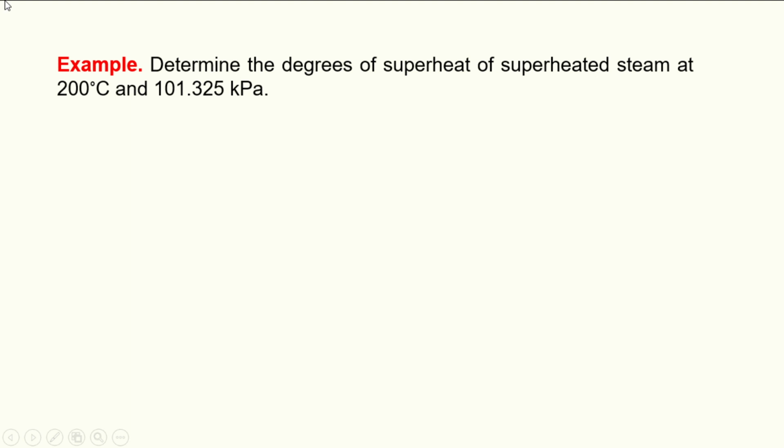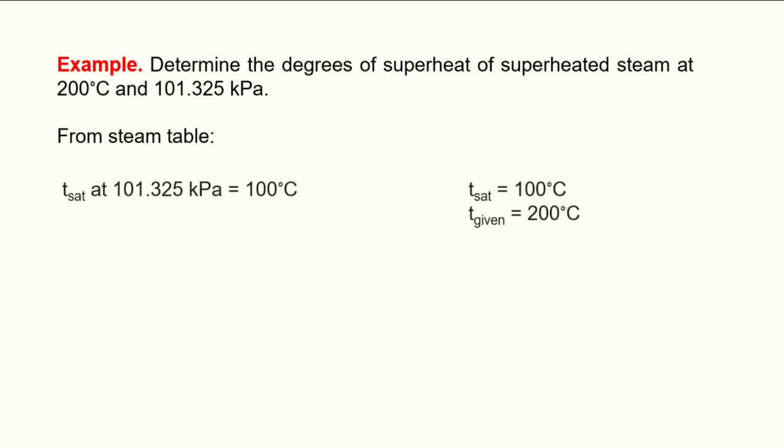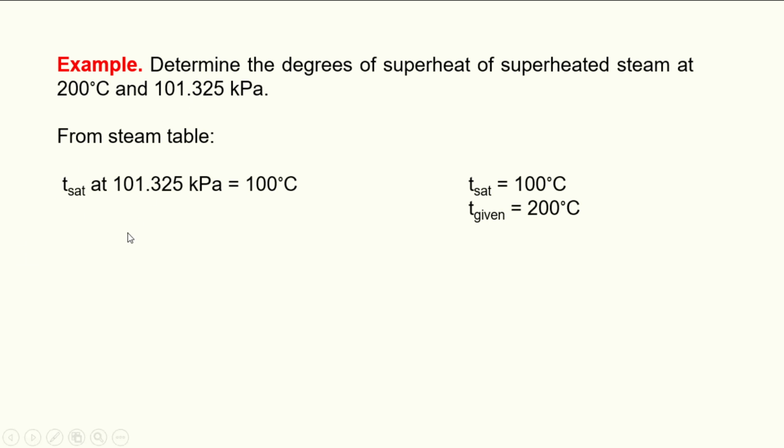Example, determine the degree superheat of superheated steam at 200 degrees Celsius and 101.325 kilopascal. Then, from steam table, alam naman natin na 101.325 kilopascal is equal to 100 degrees Celsius. Pero ang given natin is 200 degrees Celsius. Therefore, degree superheat is equal to T given minus Tsat.